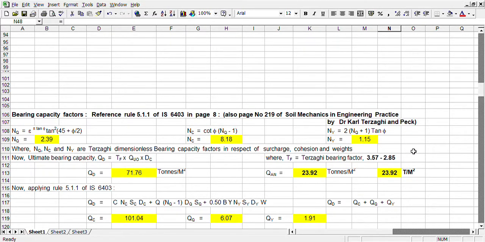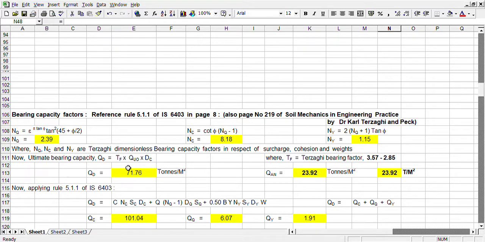Another equation is there which was used in 1925 by Dr. Karl Terzaghi, who was named the father of soil mechanics. That is SBC from unconfined compressive strength.